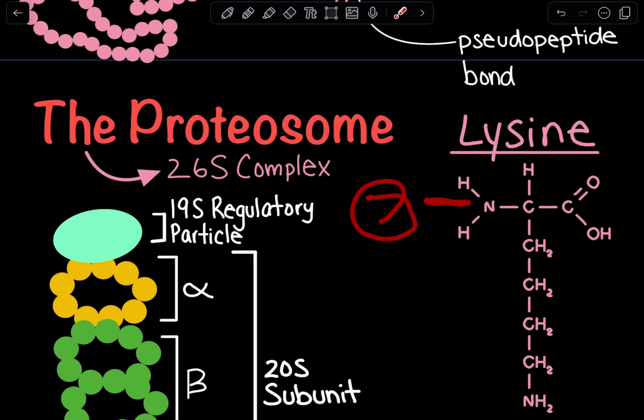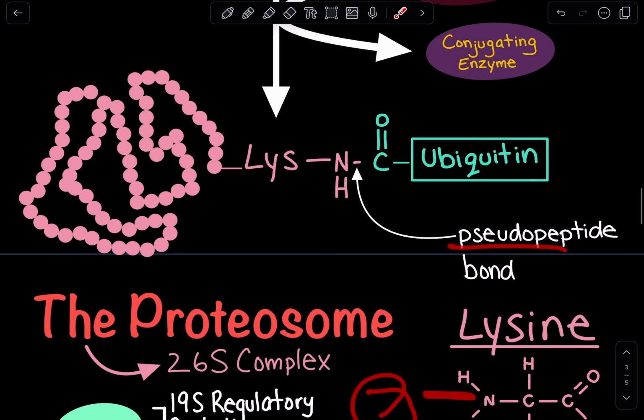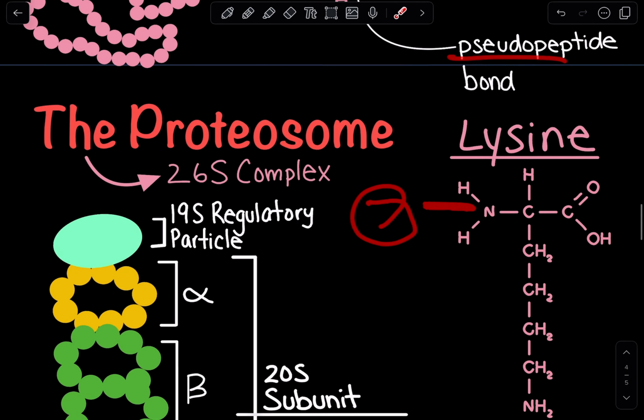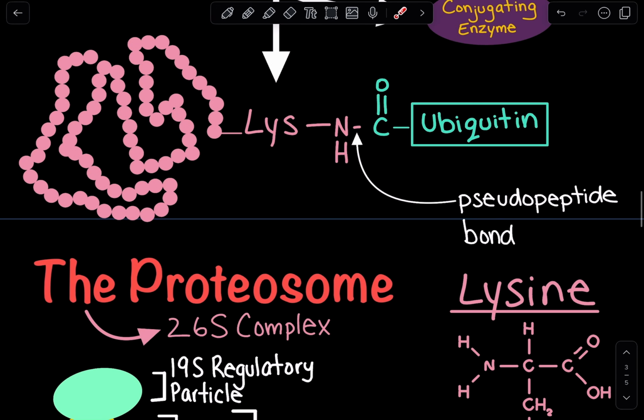So a true peptide bond should be over here. But it's a pseudopeptide bond because the carboxylic group of the ubiquitin is actually forming the peptide bond over here instead of over here. So this is why we call it a pseudopeptide bond, because the bond is not where it normally is found for peptide bonds.